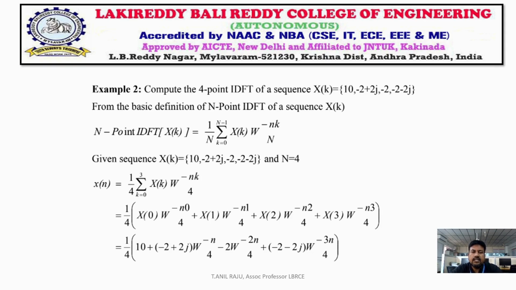What exactly we do in the discrete Fourier transform, the same steps we also do here, but the formula will be different. As I told earlier, the difference between DFT and IDFT is that they are conjugate to each other, and the given signal here is X of k.